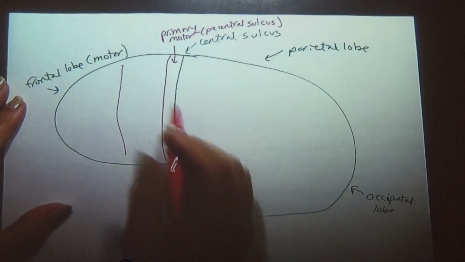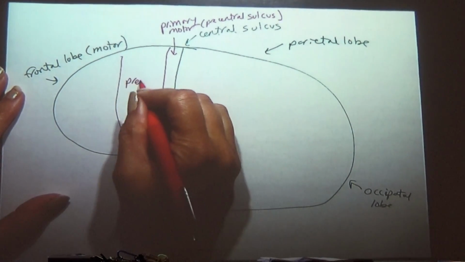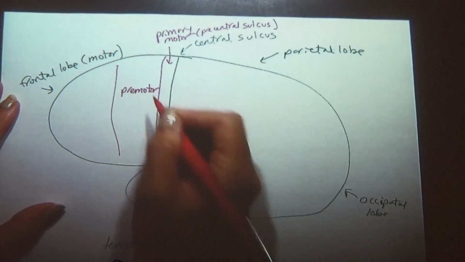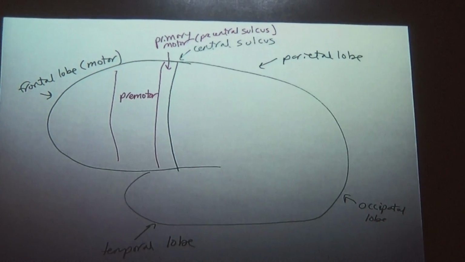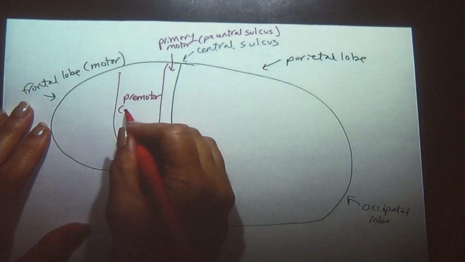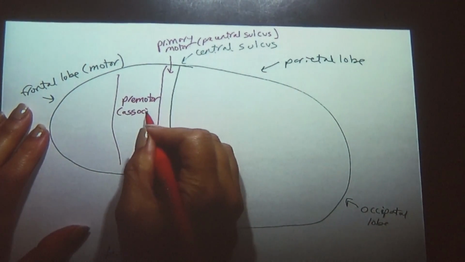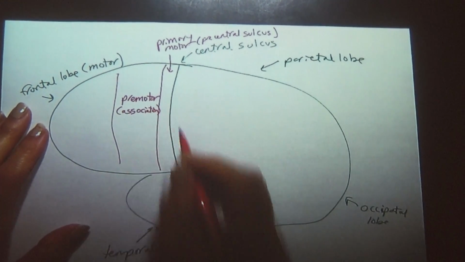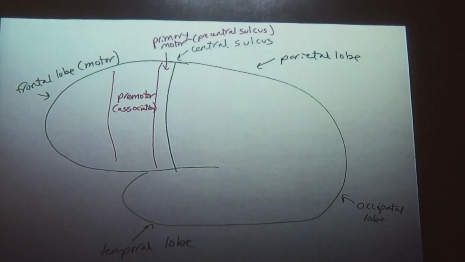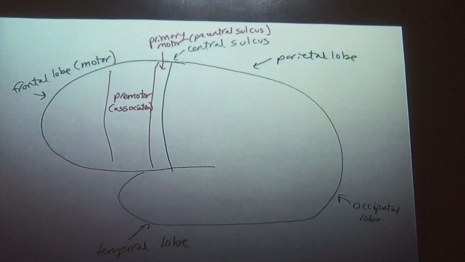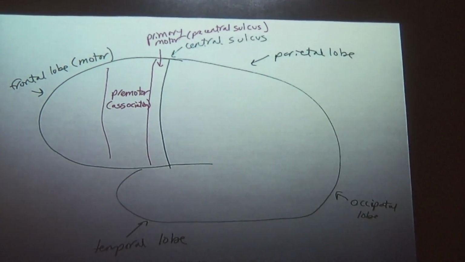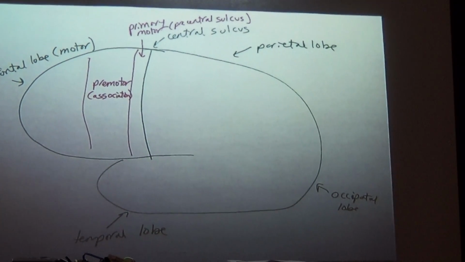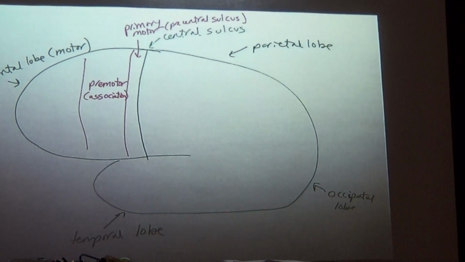Just in front of that is what we call the premotor area. This is something called an association area. Association areas help the primary area, and they're always right next to the primary area. So if you know where the primary area is, just look right around it and you'll find the association area.